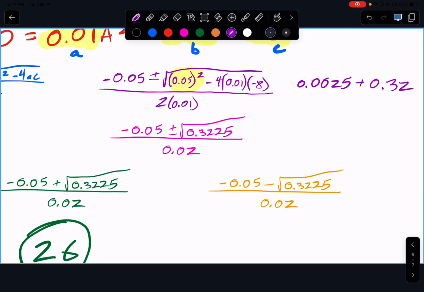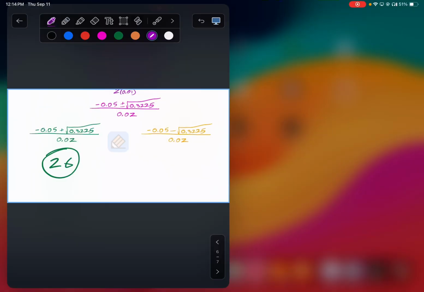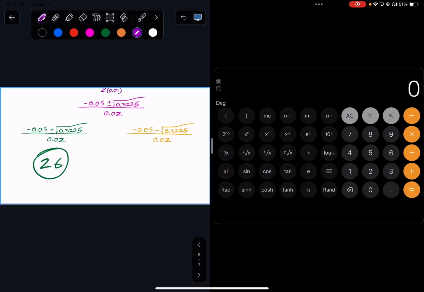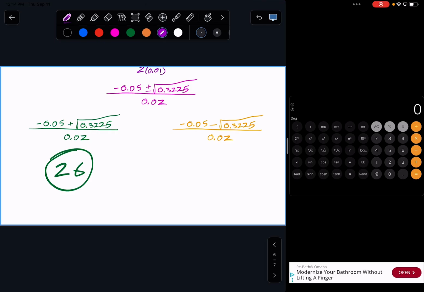Maybe you forgot to add together? I did the right side first. All right, let's look at it here. Let me see. I'll split my screen here. All right, the square root of 0.3225 equals 0.567.